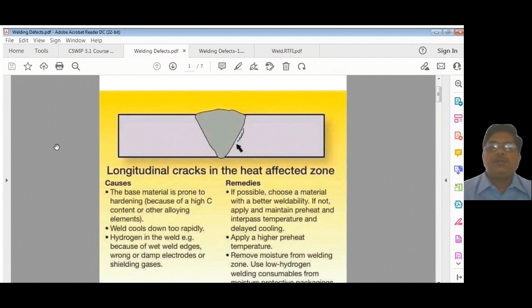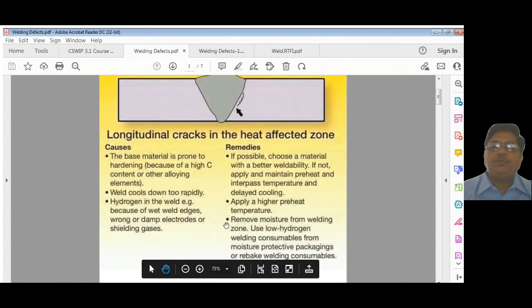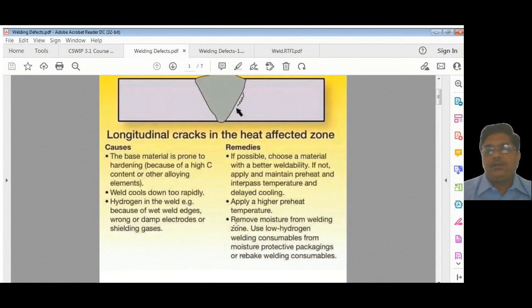You can do wrapping and cool it slowly, and that will help. Applying a higher preheat temperature also helps. Remove moisture from the welding, with proper baking of electrodes, usage of low hydrogen electrodes, and proper weld geometry, bead to width ratio and all that, which is very important.